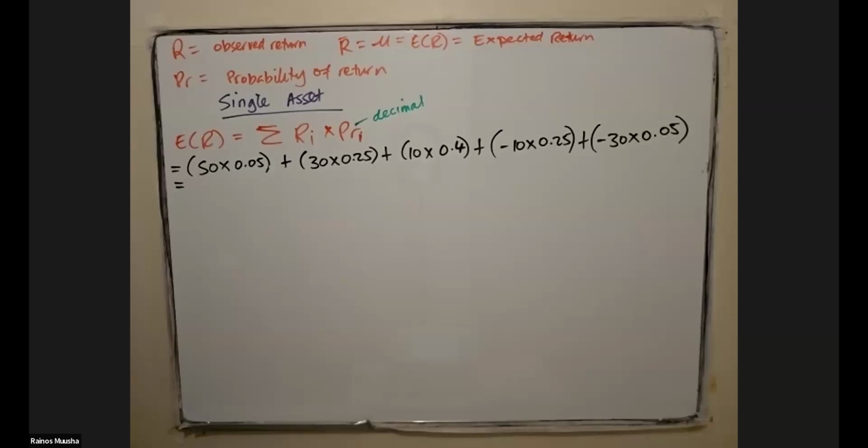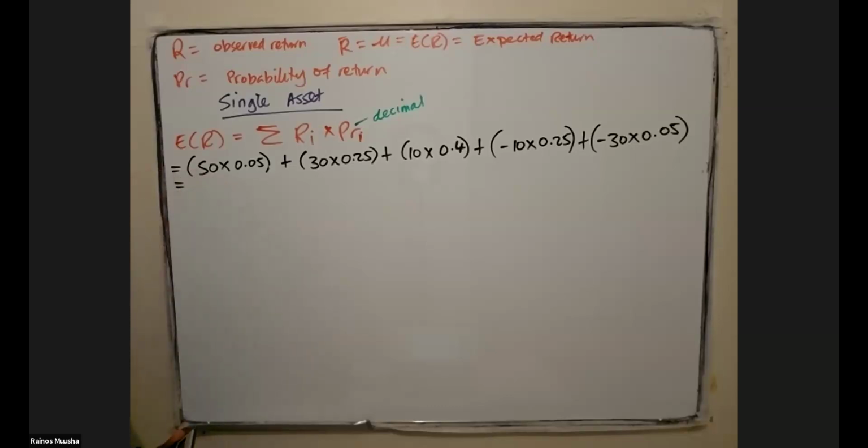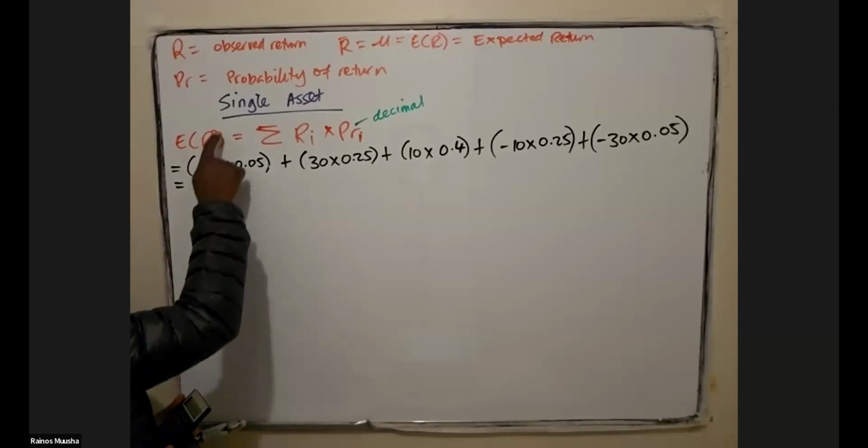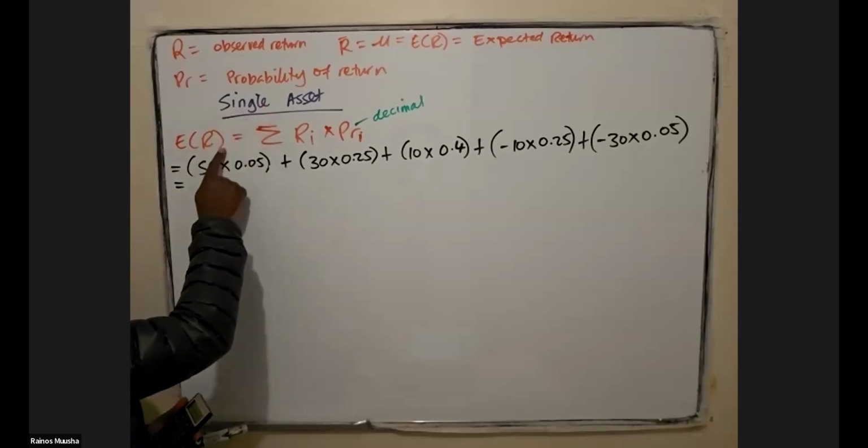With market risk, this is usually the issue that many students have. They understand the concept, but they make small mistakes in the calculation, which basically messes up everything. And the issue with this type of question is that, remember, for this single asset, we're being asked to calculate the expected return.